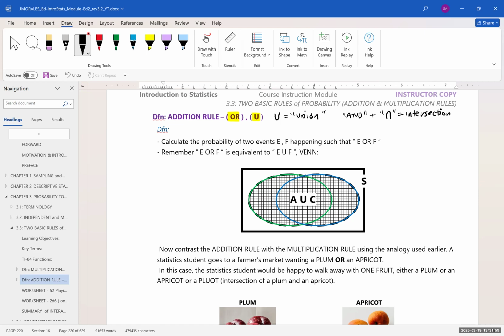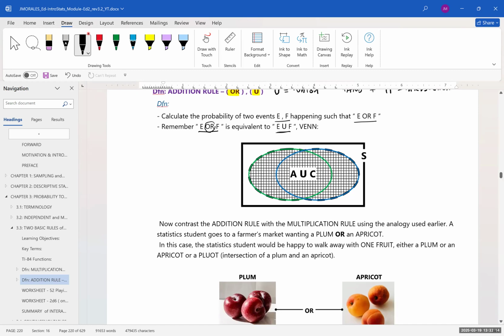So here you are going to be calculating the probability of two events happening such that E or F occurs. And remember that using E or F is equivalent to using E union F. And here's what a Venn diagram looks like.